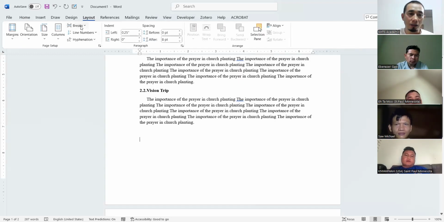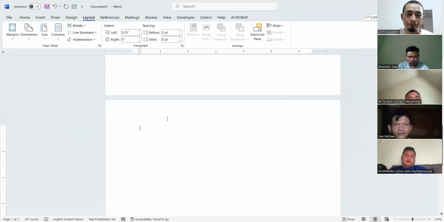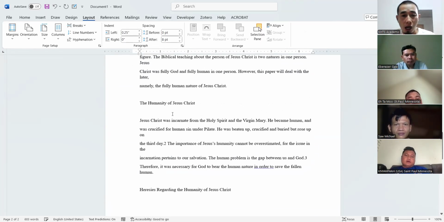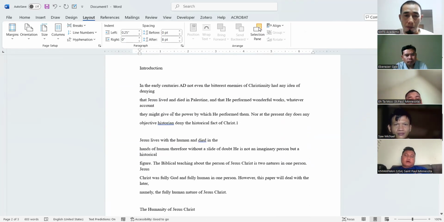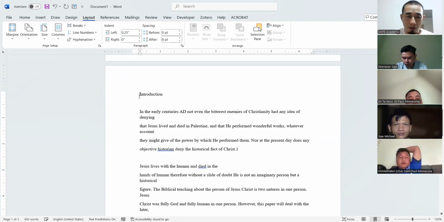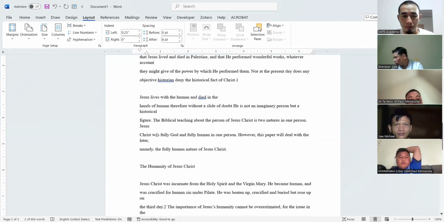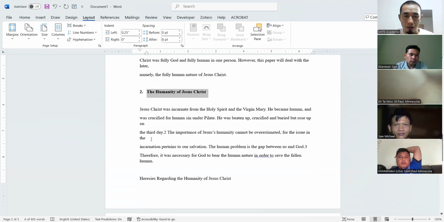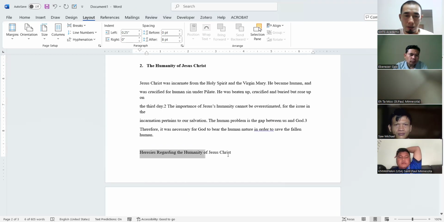Layout. Next page. For example, this particular one will be 1. And then humanity of Jesus, 2. That is the second level heading. And then you write whatever it is.